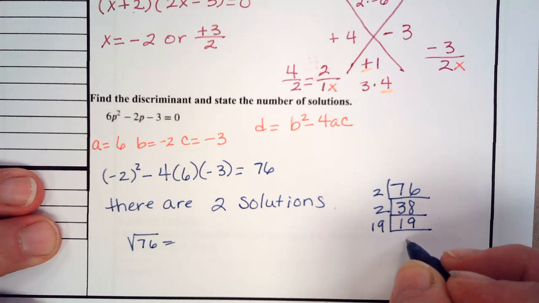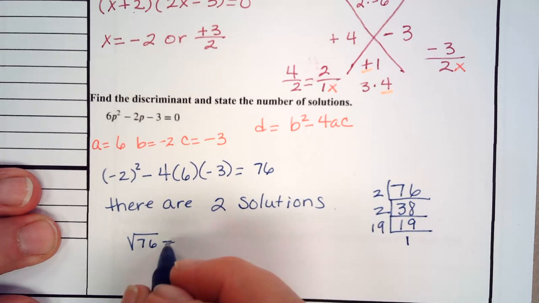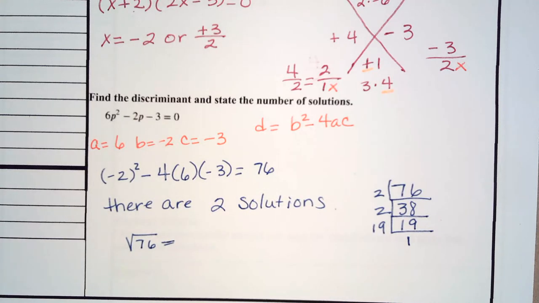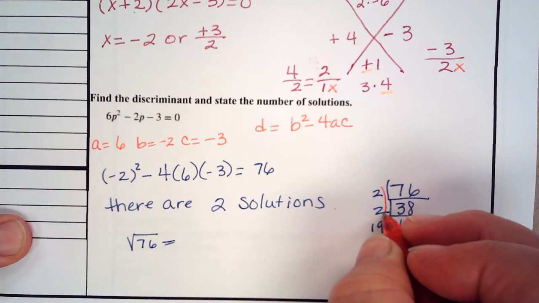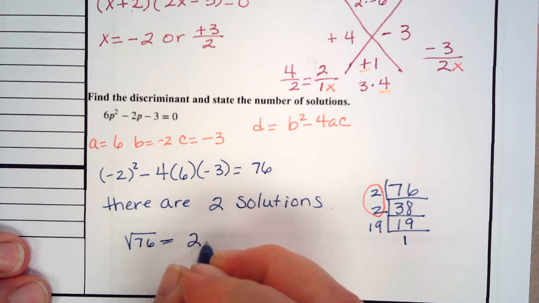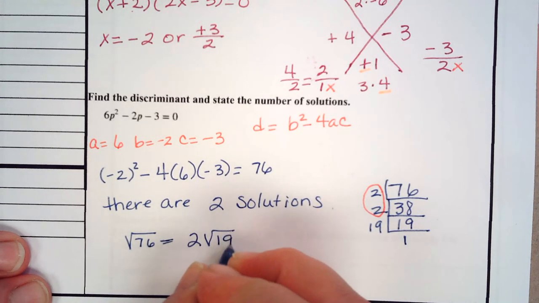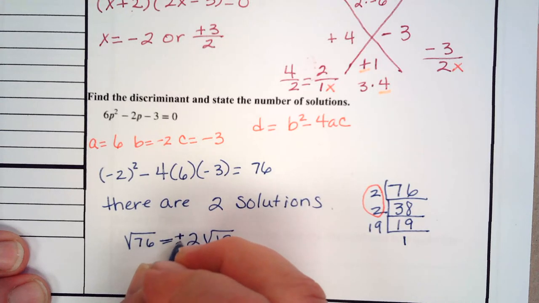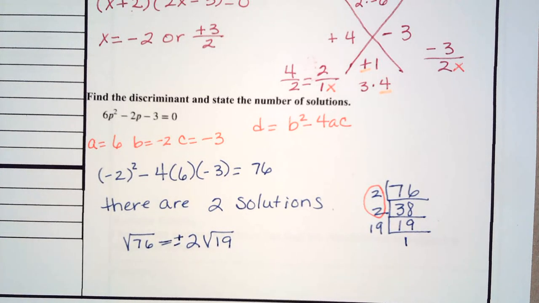I divide it by 19 and I get 1. So this is equal to, I've got a pair of 2's I can bring out, 2 square root of 19. It is always plus or minus. You've got the two sides. We need to remember that because that's what we use. That idea is what we use with the quadratic formula.